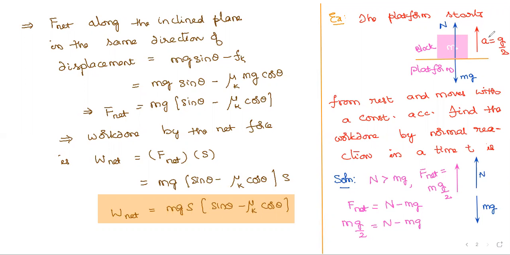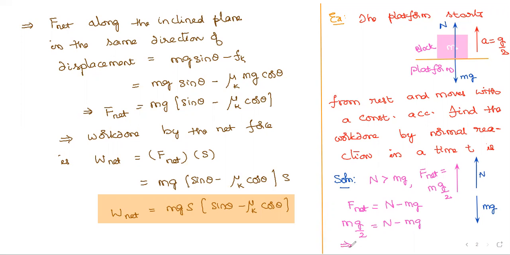When the platform is at rest, meaning acceleration equals 0. When acceleration is 0, F net equals 0, so N minus mg equals 0, so N equals mg. But when the platform is in motion, we have to do it like this.